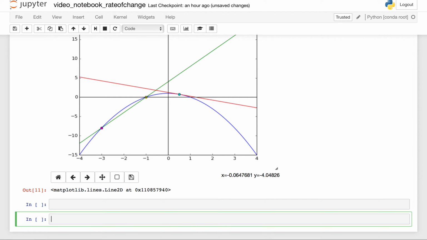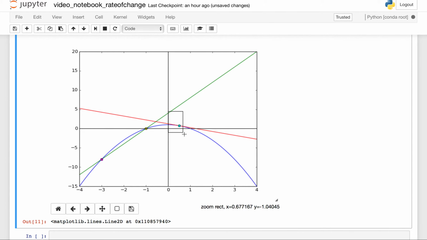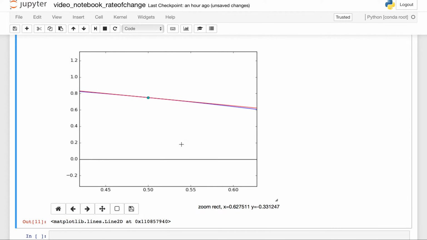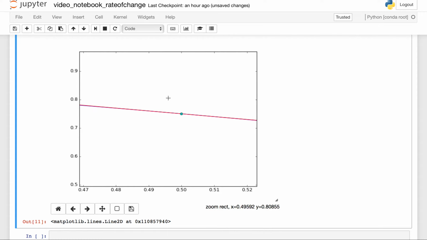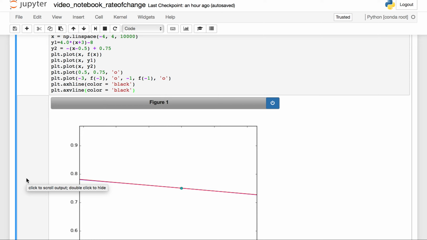If I wanted to, I can even zoom in on this piece here, and you see that the line, even though it's spaced apart, is barely going through any of the other points. It's supposed to just touch at this point and go right through. So, okay, that's it.